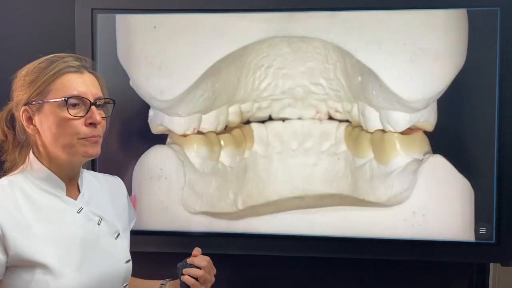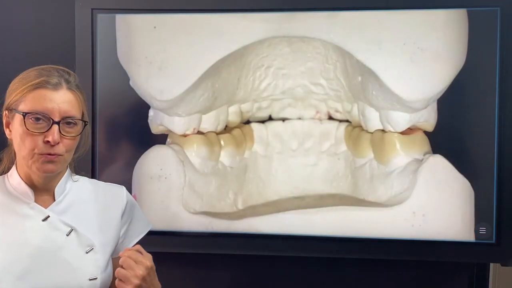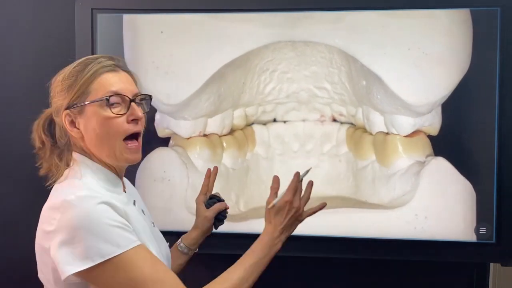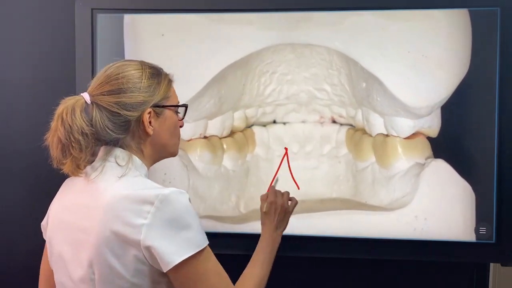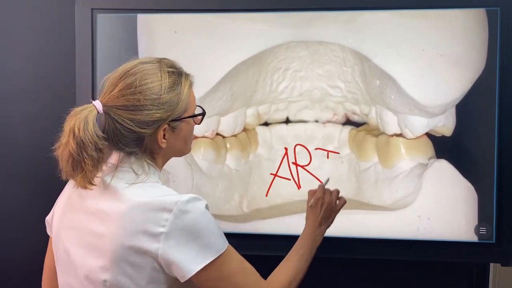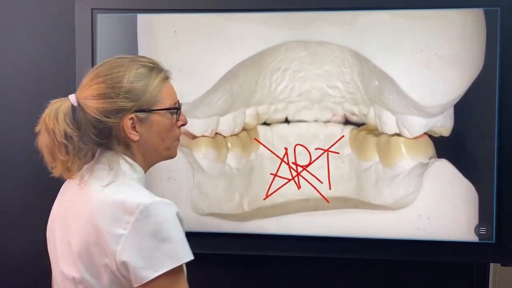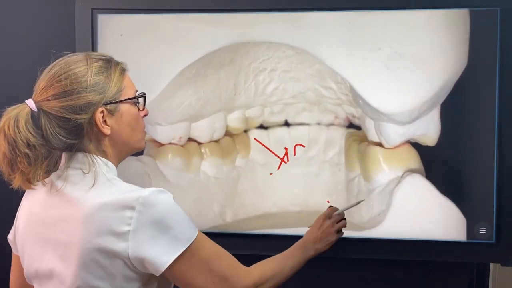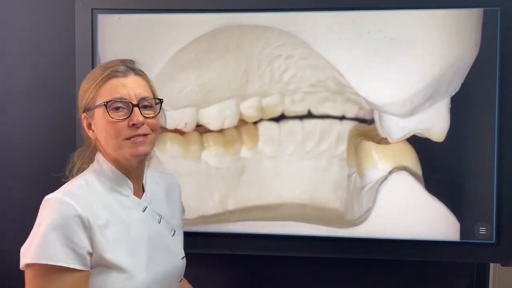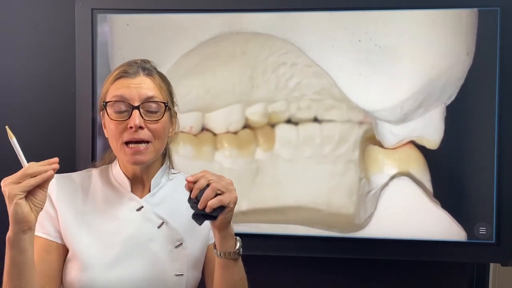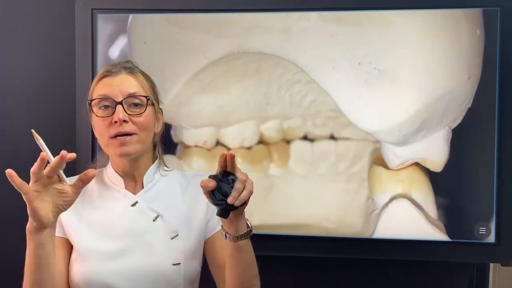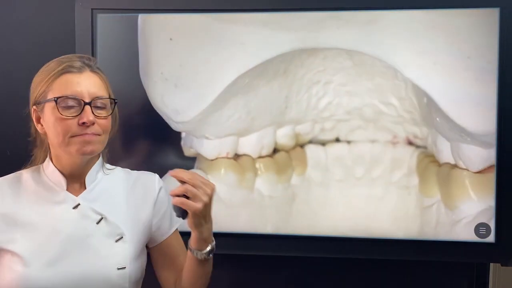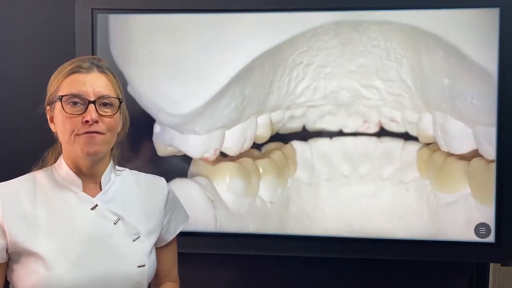So let me help you with the bad news first. The bad news is that you cannot see how a mouth is moving on the articulator. Stop this madness. And even in the mouth, don't expect that the patient just does tap tap and slides on one side and slides on the other side, and you have checked all their function.